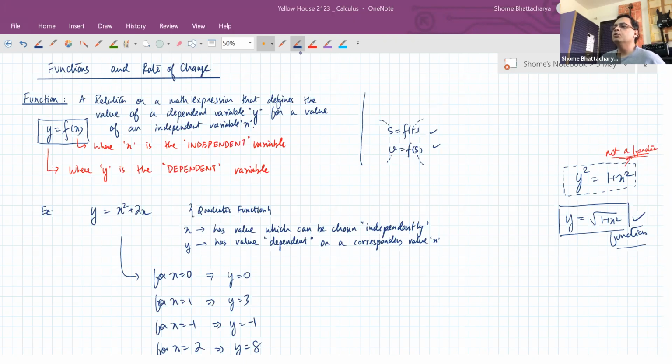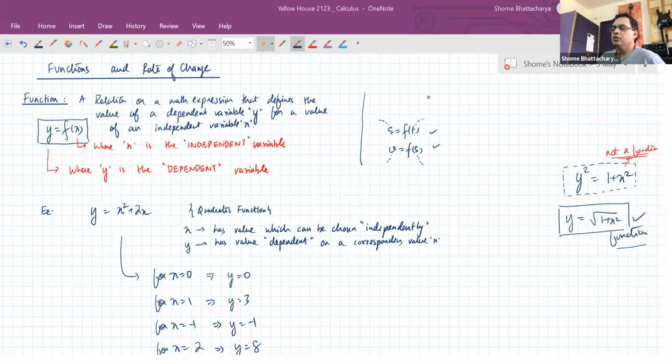But I can say that about the second one also, no? If I don't use my convention that left hand side is dependent and right hand side is independent, then I can say that I'll select some value of y that gives me a particular value of x. I can say that, no? Yes. Right? Yeah. But what is the exact reason?